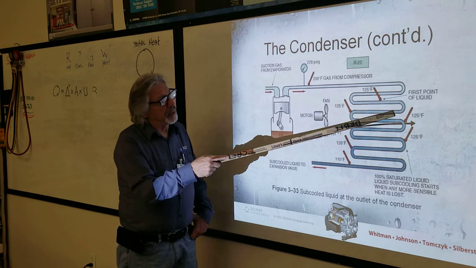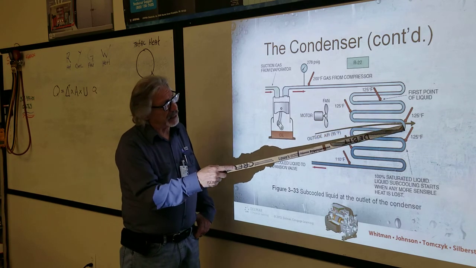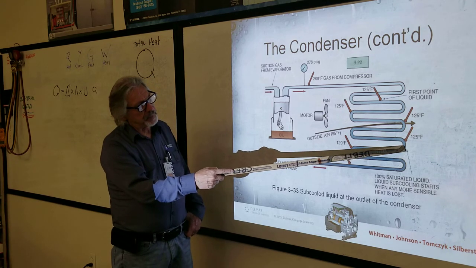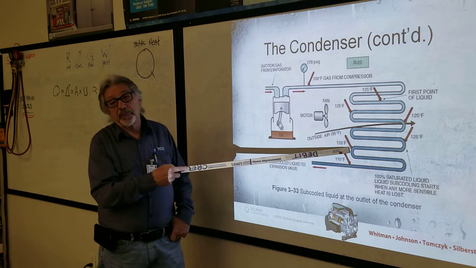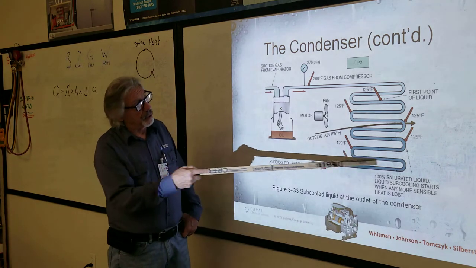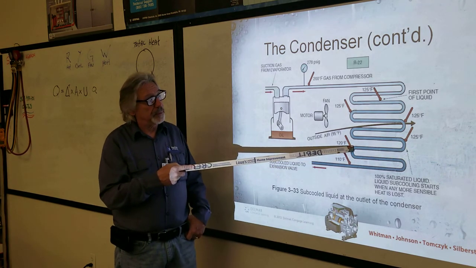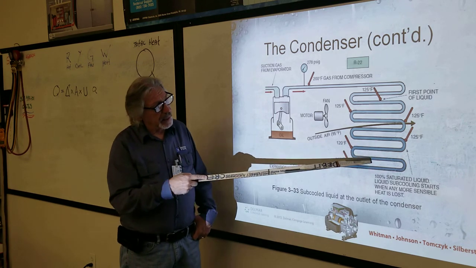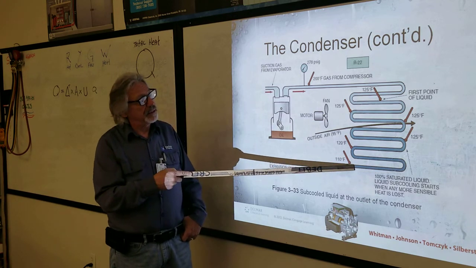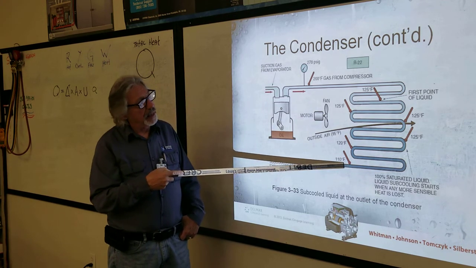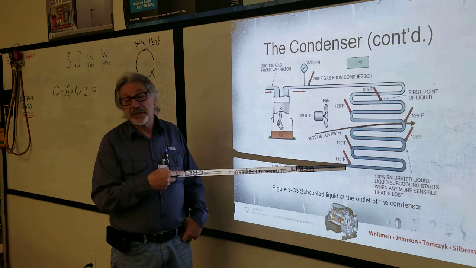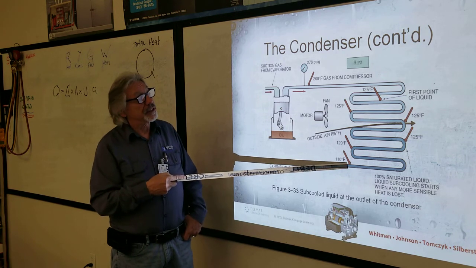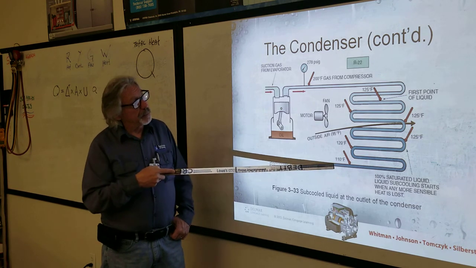It's going to maintain 125 degrees all throughout that condenser until it reaches about there. Then it drops further. At this point right here, there's 5 degrees subcooling, so it's 100% liquid. It exits the condenser as a liquid at 110 degrees, so that is 15 degrees subcooling.